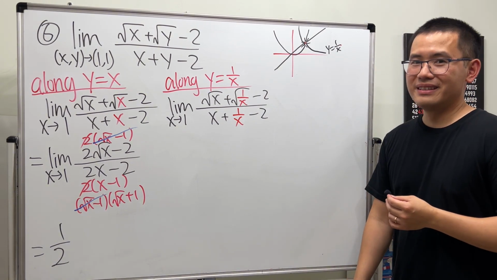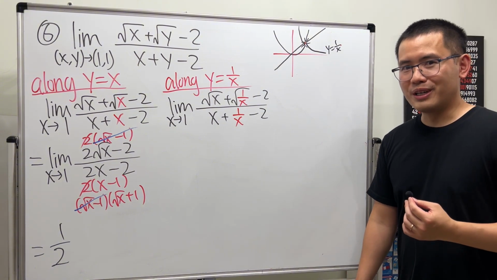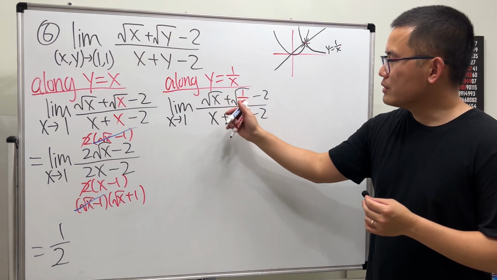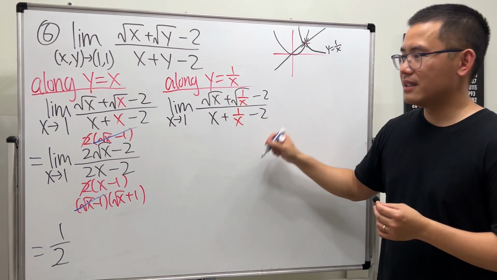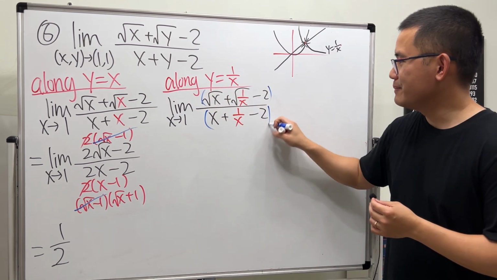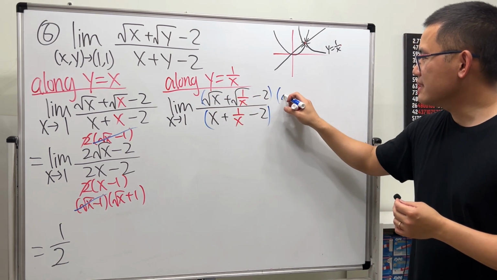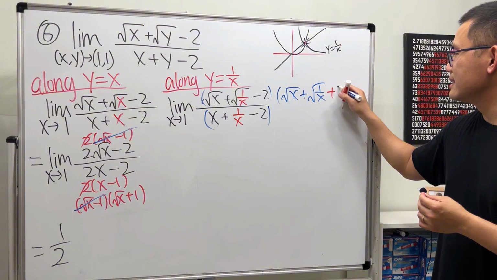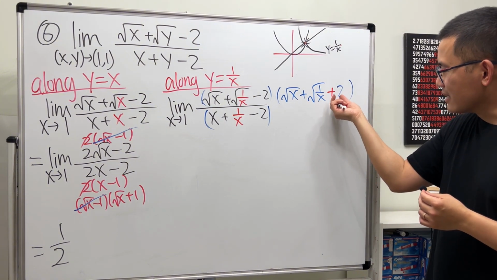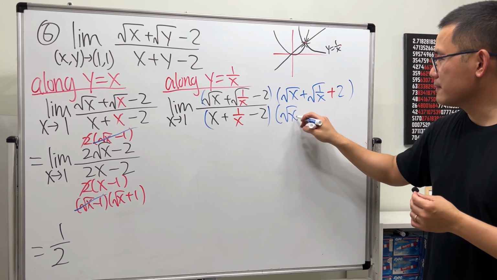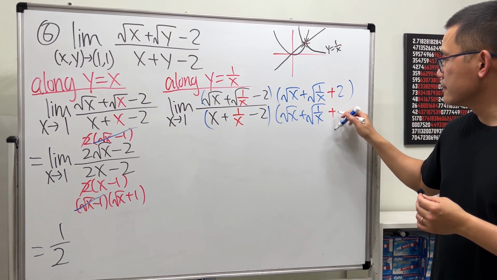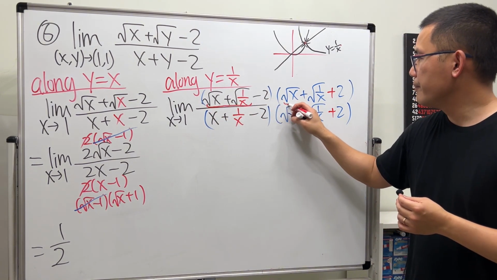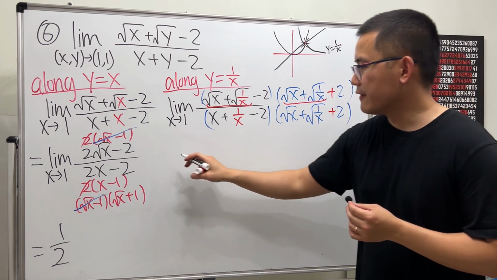How do we take care of this though? I will tell you, just do the conjugate. It works very nicely. Here, I'm going to look at this as the first term minus the second. I will multiply the top and the bottom by this, which stays, but I will change the minus to a plus. So I look at this as the conjugate, and then I will do the same thing on the bottom. When you multiply the conjugate, we get the following.